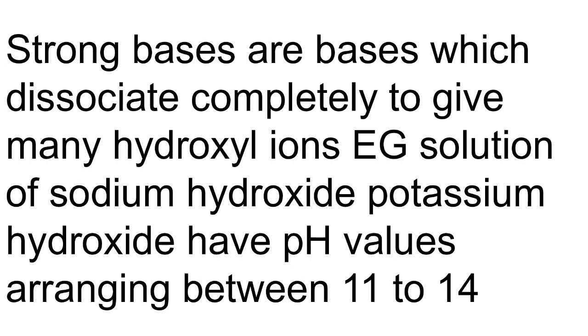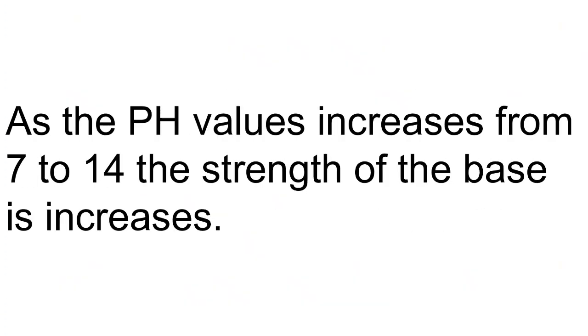Examples are solutions of sodium hydroxide and potassium hydroxide, which have pH values ranging from 11 to 14. As the pH value increases from 7 to 14, the strength of the base also increases.